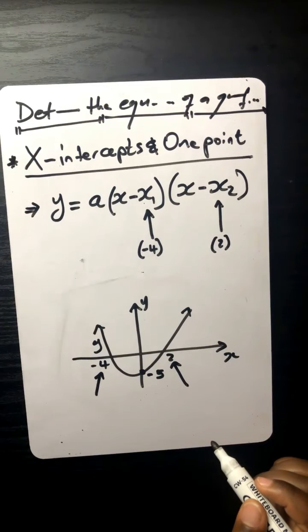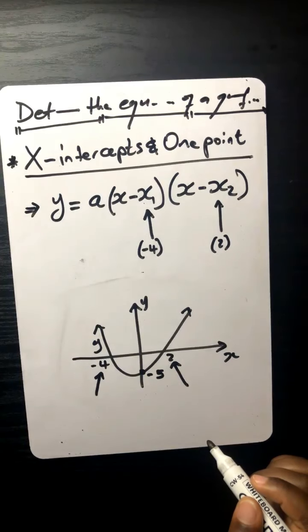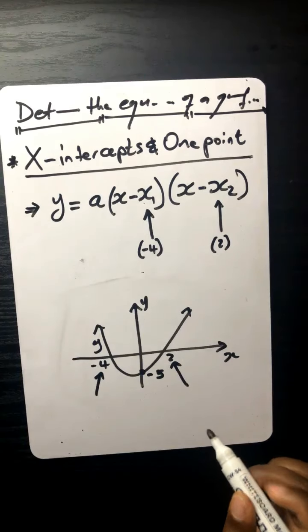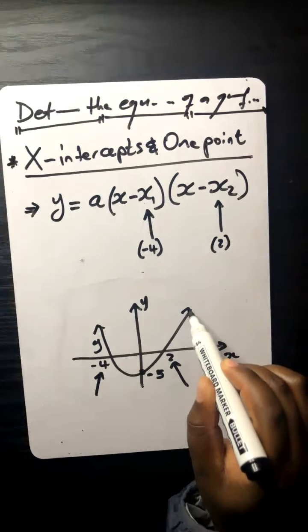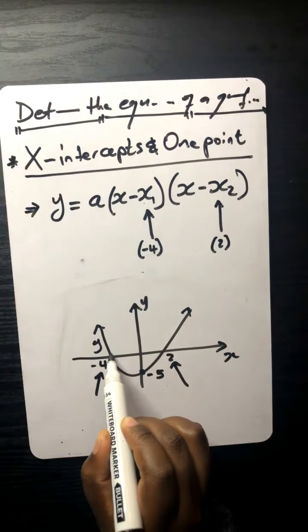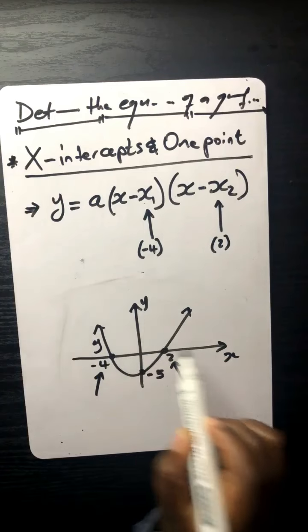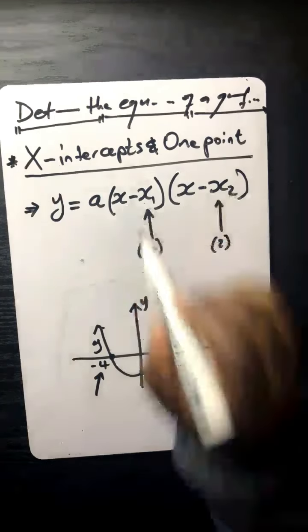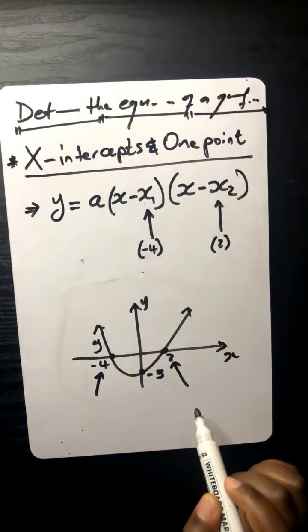And the third bullet says substitute the given point, which is not the x-intercept. So any point along that function except these 2 points, because you have already substituted there and there, you can just use any point.